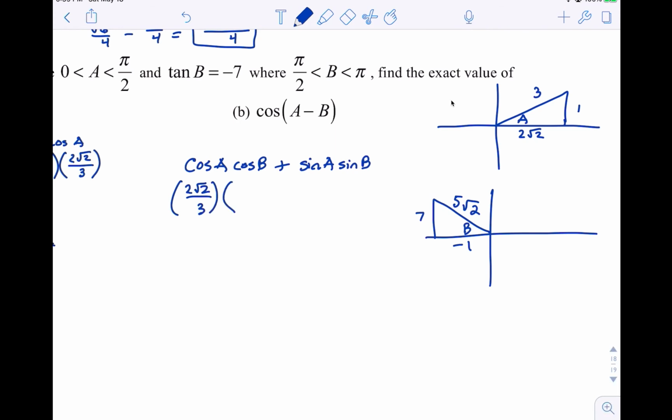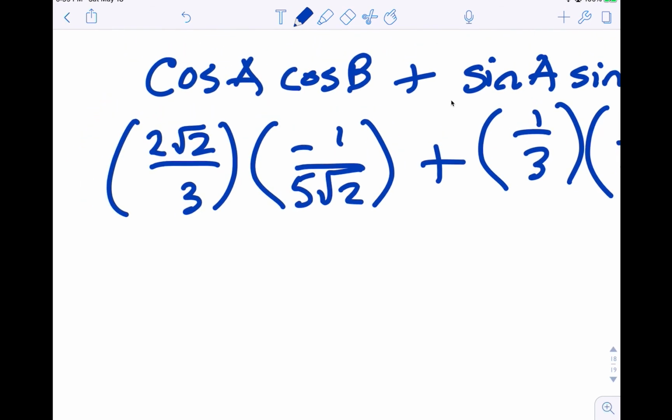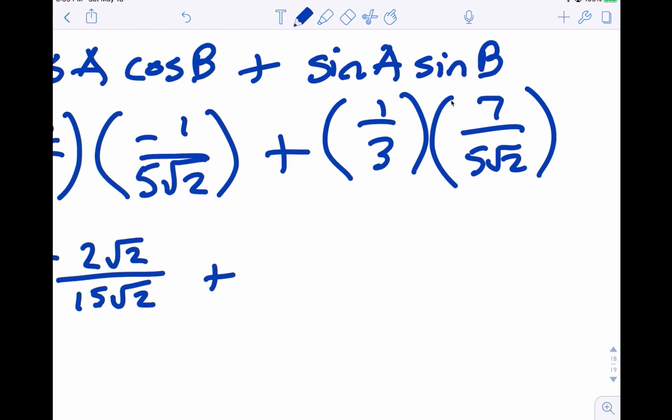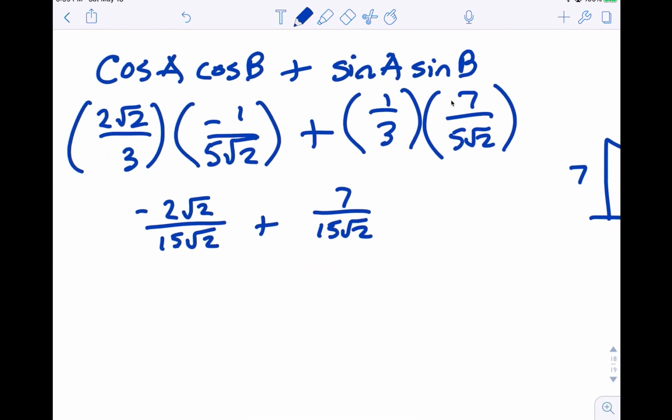Cosine B is negative 1 over 5 root 2, plus sine A, and then sine B. So we got negative 2 root 2 over 15 root 2 plus 7 over 15 root 2. Alright, so that gives me negative 2 root 2 plus 7 over 15 root 2.